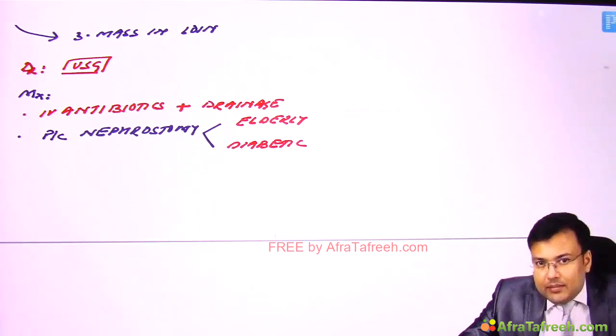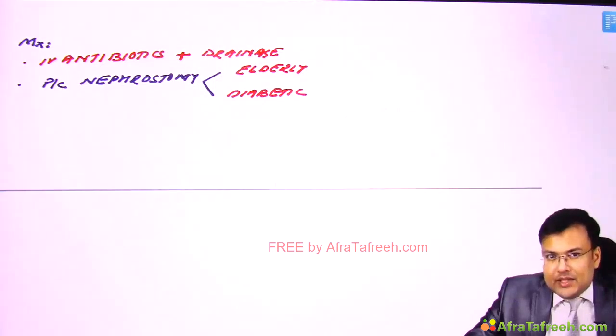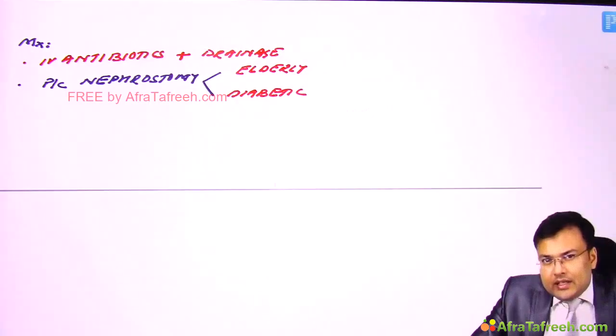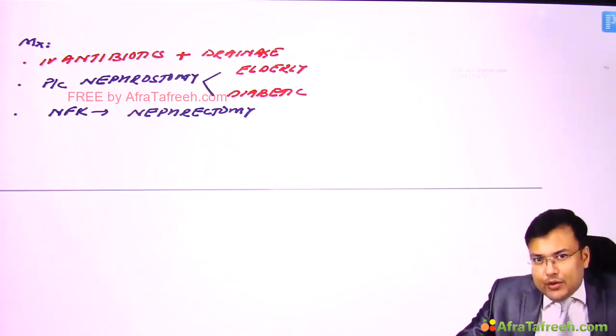To drain the pus, to drain the obstructed system, especially in elderly and diabetic patients. And whenever the kidney is non-functioning, or the function of the kidney is less than 10% on DTPA scan, for a non-functioning kidney we go for nephrectomy. So this is how we manage pyonephrosis.